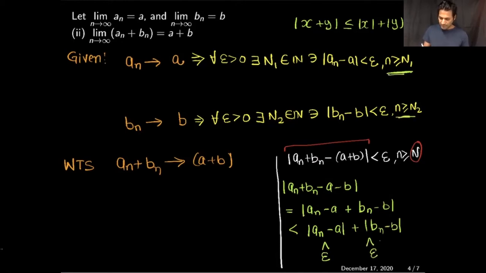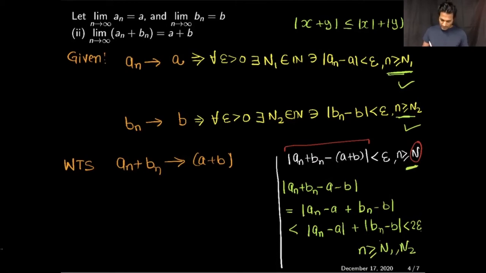So if I choose my n bigger than N1 and N2, this will become less than 2 epsilon, because for those values of little n, both of these inequalities will hold. So now this gives me an idea of what I need to choose for my N, and how I can make this less than epsilon also.